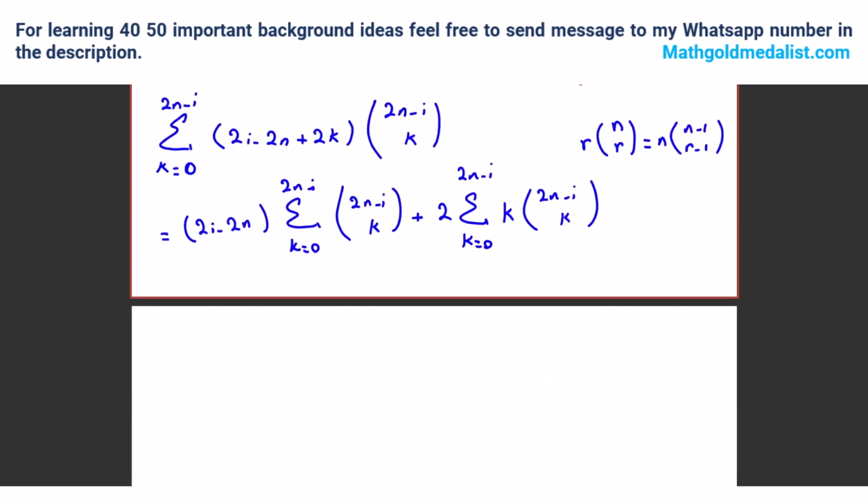Okay, now this sigma is what? Good job. 2 raised to 2n minus i. Instead of this, we can write what?